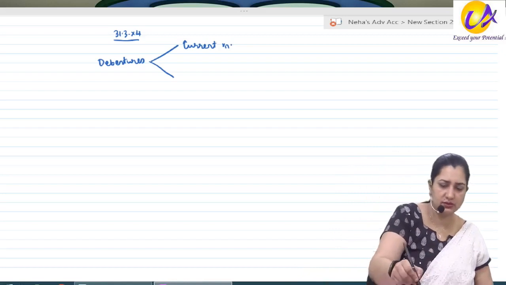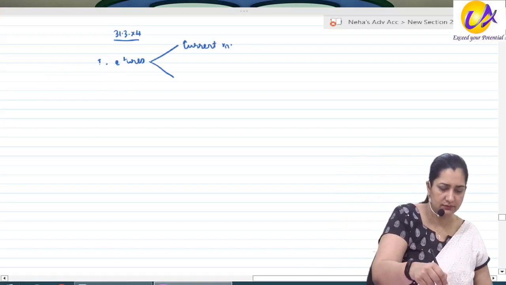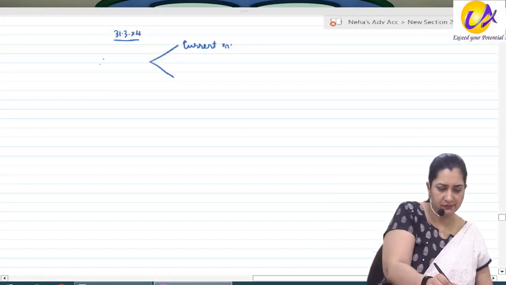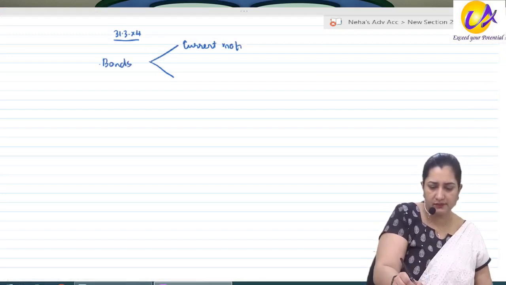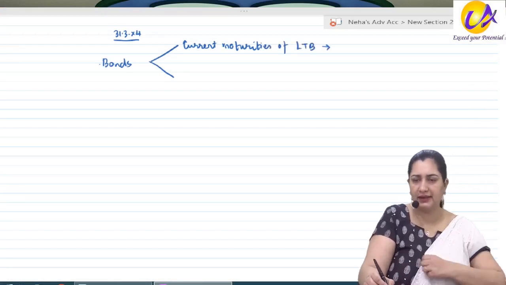Debentures nahi, they are bonds. Write the bonds. Current maturity of your long-term borrowings or long-term debt.